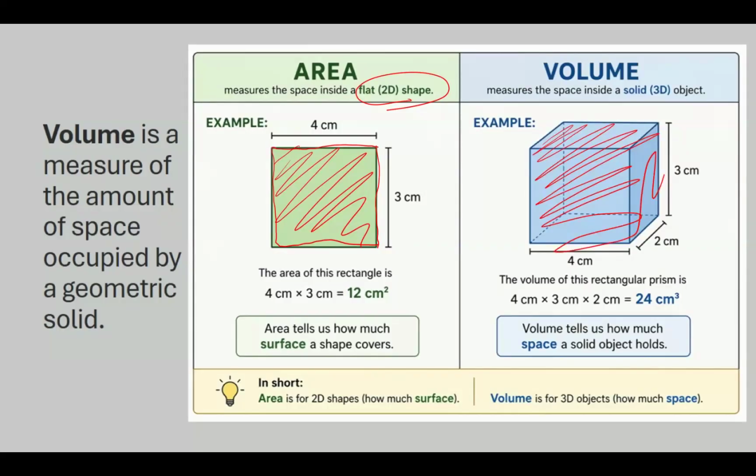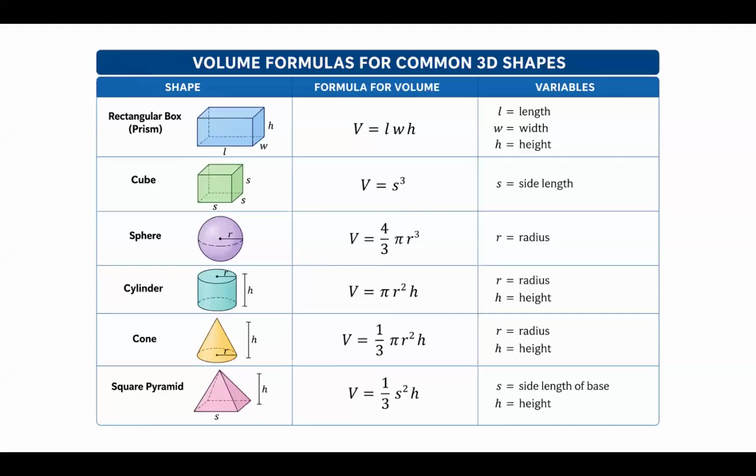That is the volume. The units of area are usually square. The units of volume are usually cubed. So not to be confused, areas and volumes. These are the typical formulas to find volumes. I usually call this shape the box, the rectangular box, but the proper name is a prism.